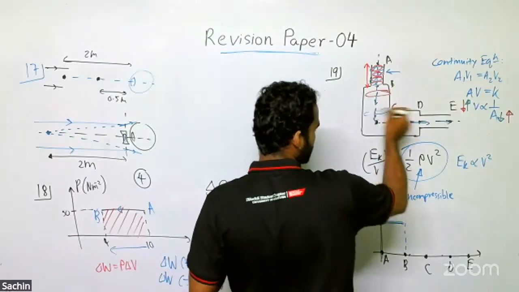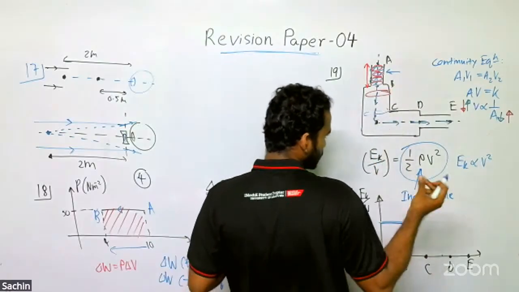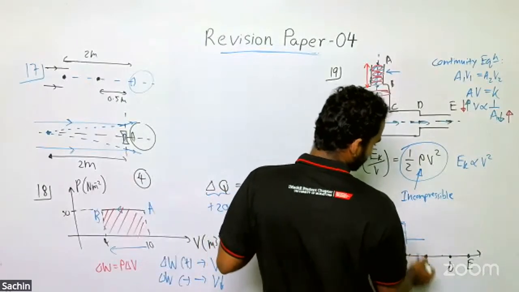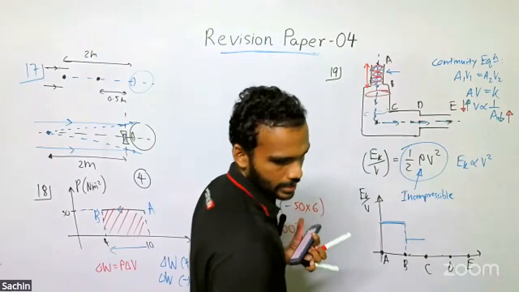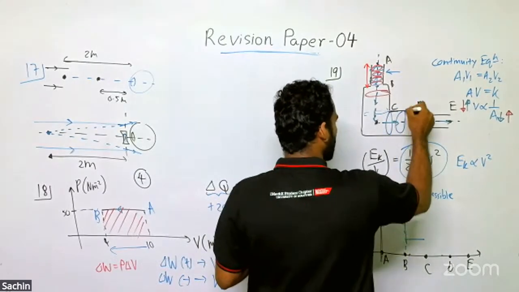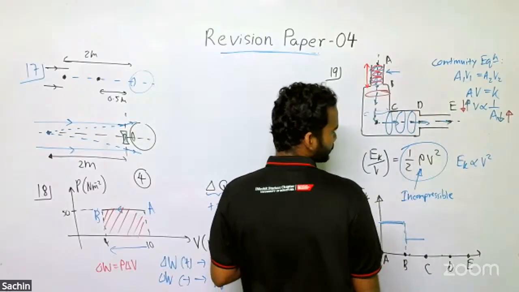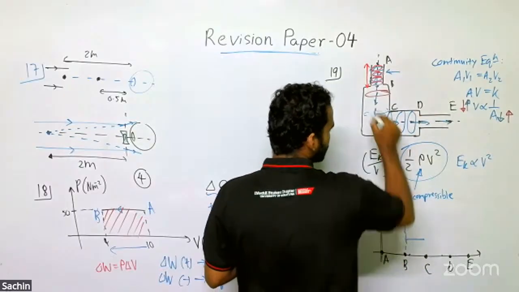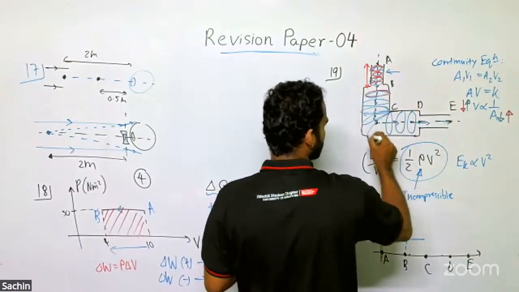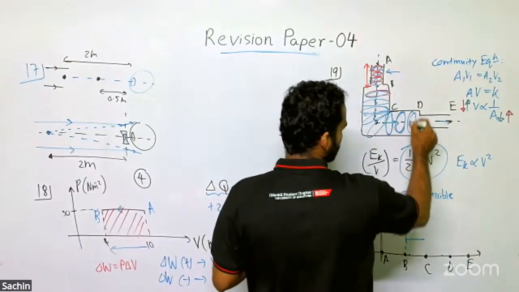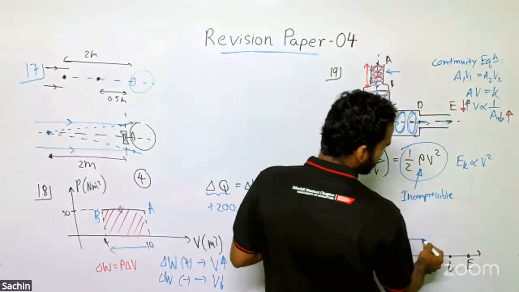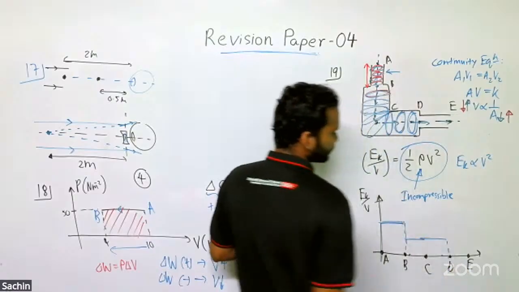So the lower velocity never changes until C. And again, after C, until D, again what happened? The same cross section is maintained, right? The same cross section is there. So if the cross section is the same, the same variation should be until point D.